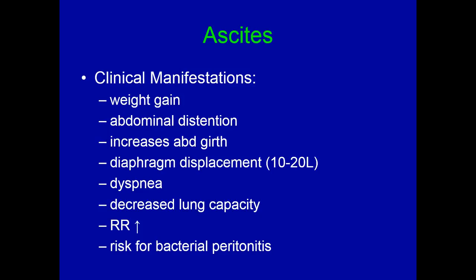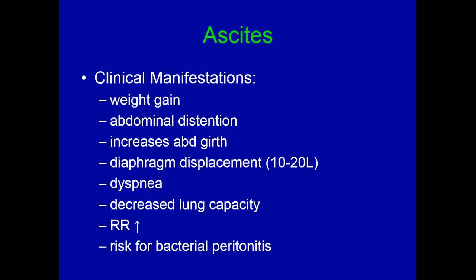When you have fluid leaking, and it can leak from not only the bloodstream, but it can leak from the intestines themselves because of this disruption in function, you can have bacteria leak across into the peritoneum and cause an infection there. So bacterial peritonitis includes symptoms like infectious symptoms, fever, chills, and abdominal pain.